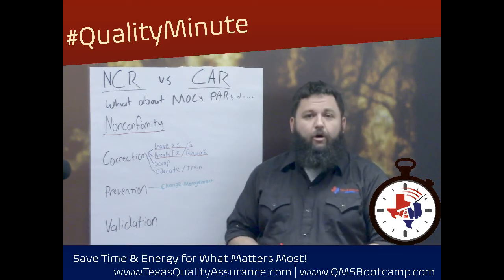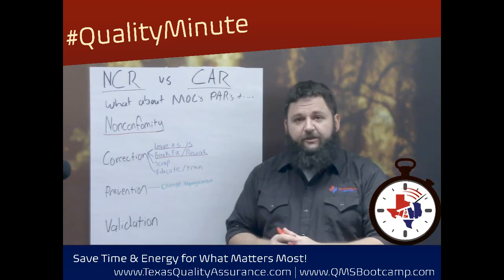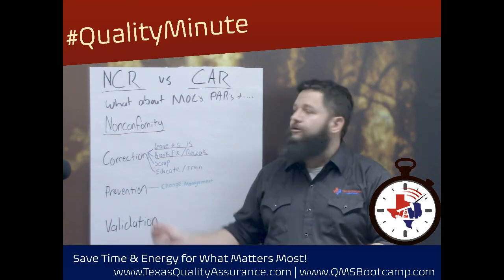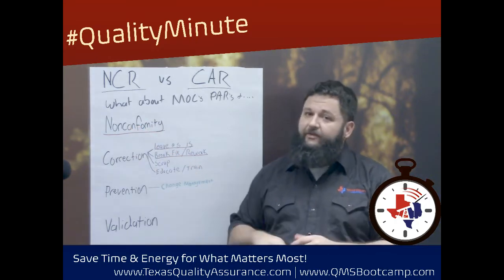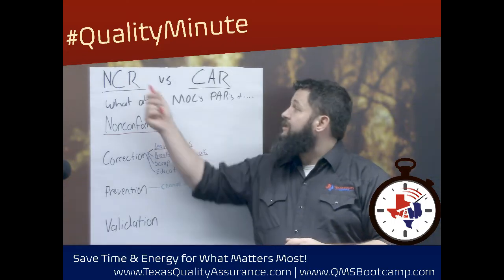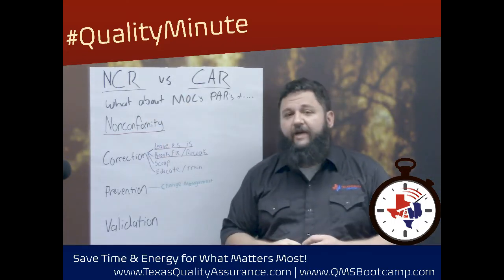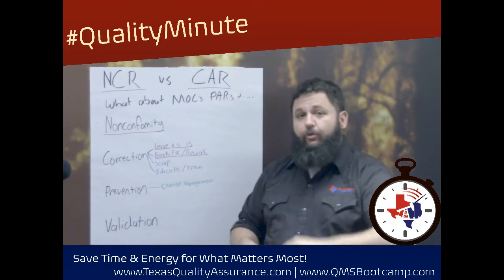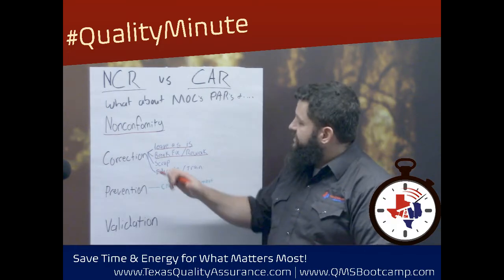Something just went wrong. Now, you might be asking yourself right now, well, what if it happens all the time? How do we know? When does this become a big deal? Well, that's why we record a lot of nonconformities. So with a lot of NCRs, even a 10-to-1 or 20-to-1 ratio to our corrective actions, we're going to get that really good data to know what we need to do to continually improve our processes.